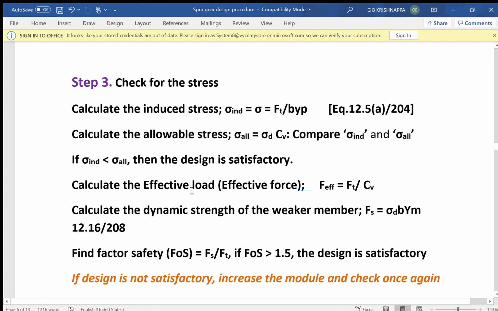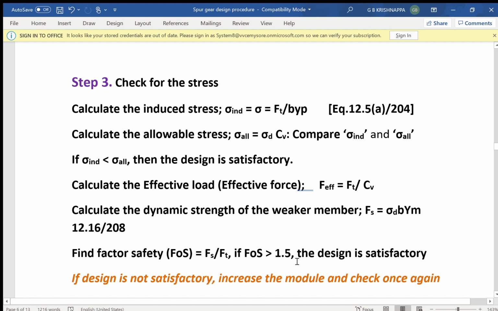Next, calculate the effective load or effective force. F effective is equal to Ft by Cv. Calculate the dynamic strength of the weaker member: Fs is equal to sigma d by m, using equation 12.16, page 208. Then find the factor of safety: FOS is equal to Fs by Ft.